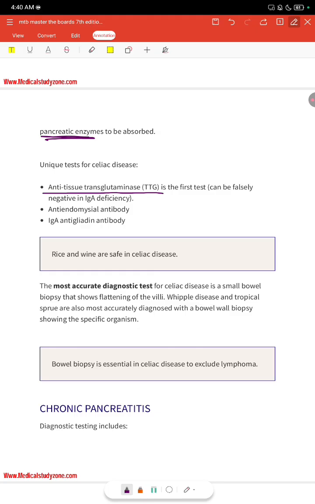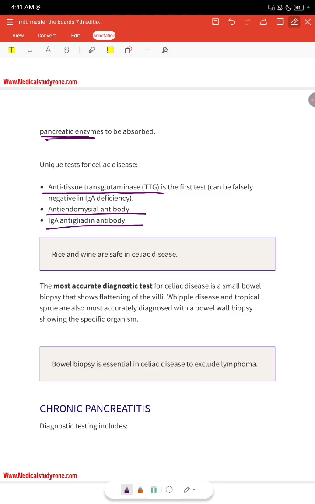It can be falsely negative in IgA deficiency, so a negative result does not mean there is no celiac disease present. So anti-TTG is the first test. Second is anti-endomysial antibody. Third one is IgA antigliadin antibody.